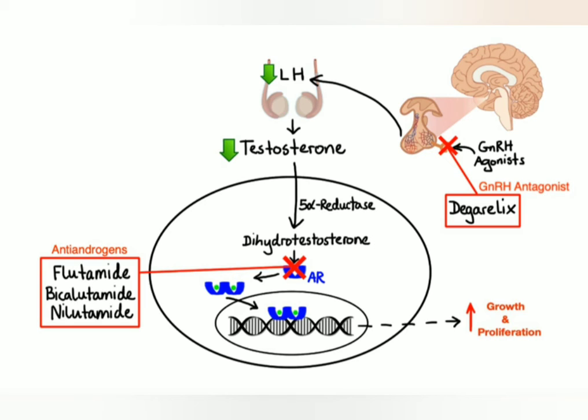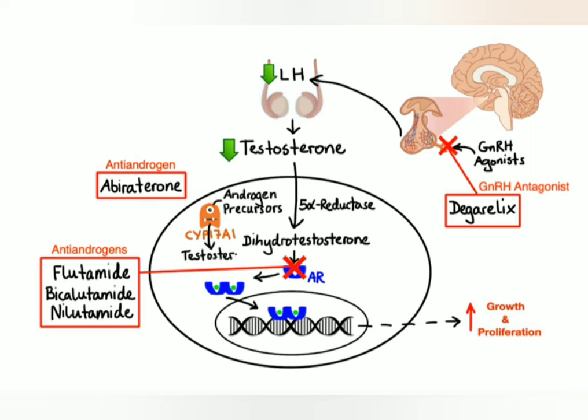Now, the last treatment option usually reserved for prostate cancer that is not responding to androgen deprivation therapies that we have discussed so far is a drug called abiraterone. The target of this drug is an enzyme called cytochrome P450 17-alpha hydroxylase, CYP17A1 for short, which is expressed in testicular, adrenal, and prostate cancer cells, and is responsible for the conversion of androgen precursors to testosterone.